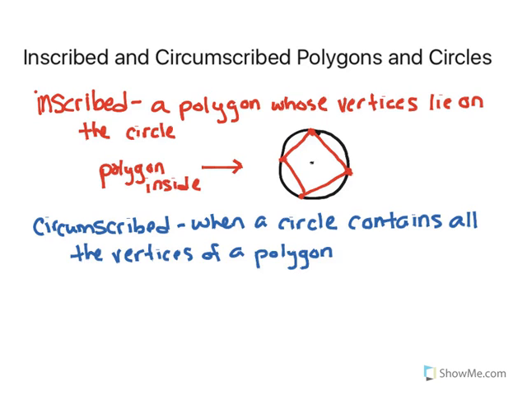When we talk about circumscribed, sorry, I cannot say that word right today, we're talking about the circle being on the inside instead. If I were to draw a circle like this, and a polygon circumscribed around it, the polygon would be on the outside of this circle.